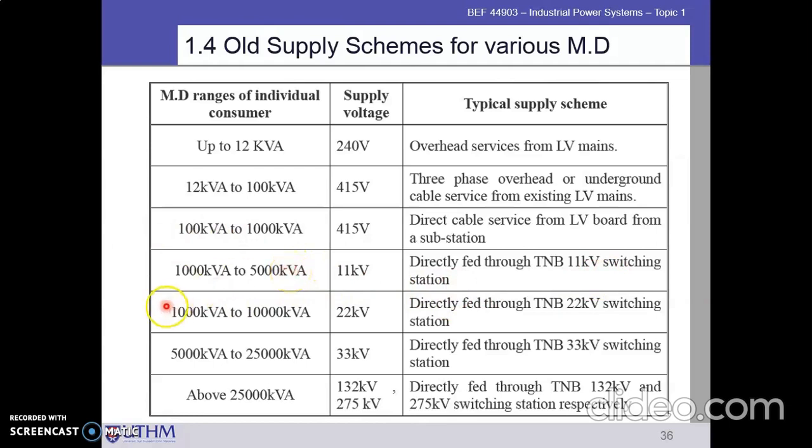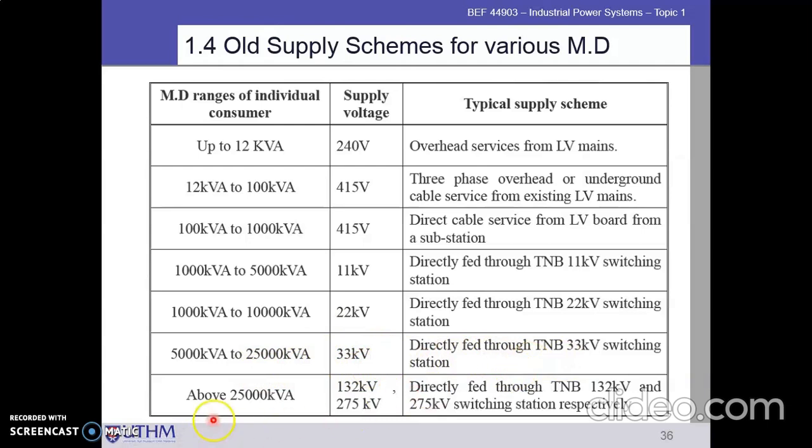Okay, and then for 1000 kVA up to 10,000 kVA, the supply is 22 kV, also direct fed from TNB. And then 5,000 kVA up to 25,000 kVA, we connect with a supply of 33 kV, also direct fed from TNB 33 kV.